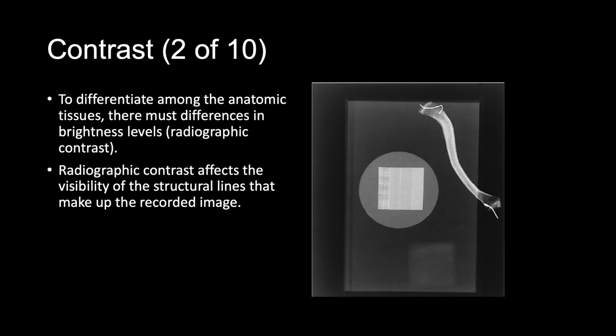So you can see this is a clavicle here, and you can see in the clavicle, it's dark and light at this end, and then it's light all the way down the body and shaft, and then at the other end it's going to be dark.